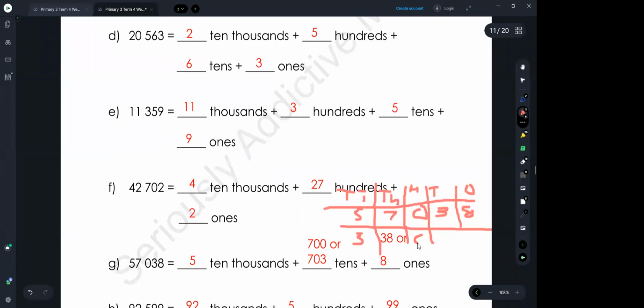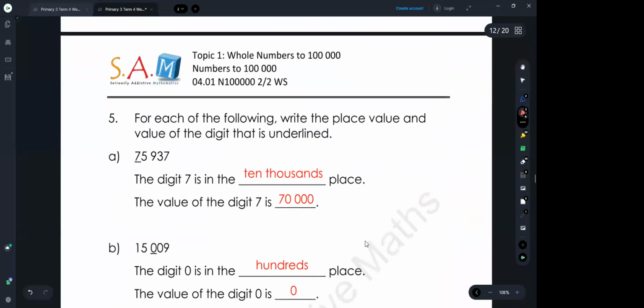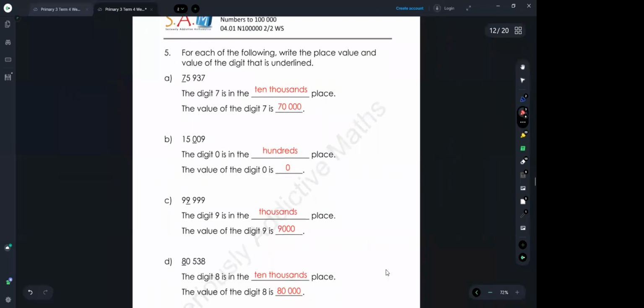Now you got to figure out whether you can go this way, 700 tenths, in which case there is still a remainder of 38, so then they write 38 ones. Or they can go 703 tenths, and then there's a remainder of 8 ones, because there's no 100 here. So you can use this place value chart to go through with them, and then they can draw it on their own.